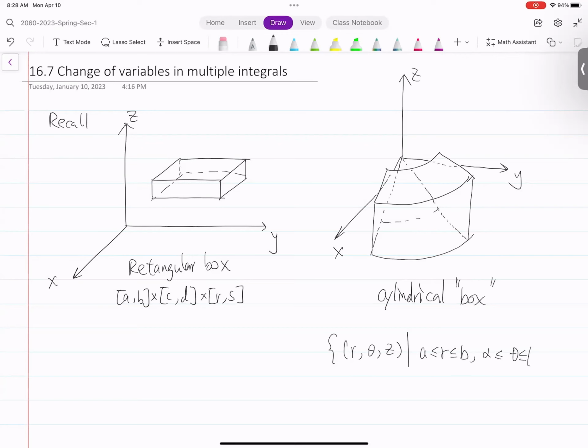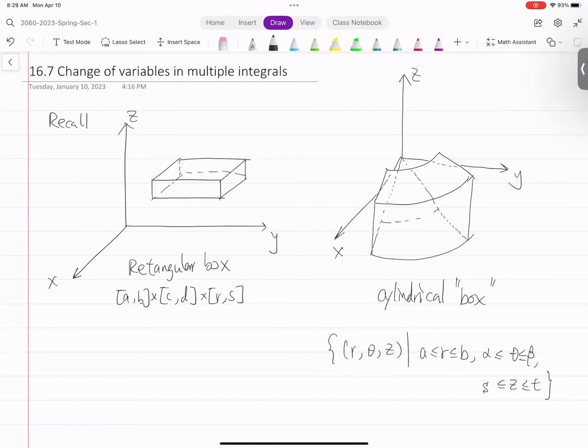And finally, z is, let's say, between s and t. And the z value gives you the top and bottom, okay, gives you the height.